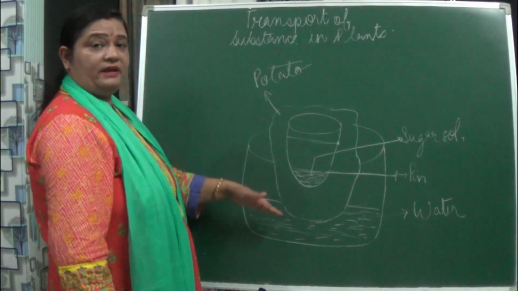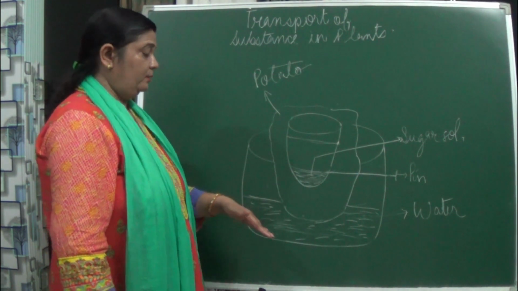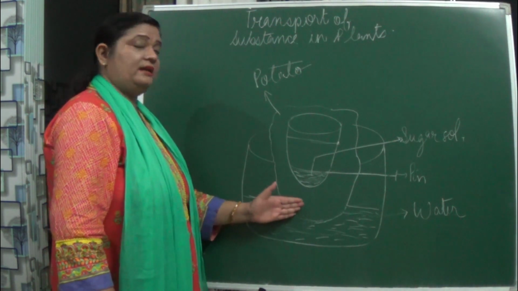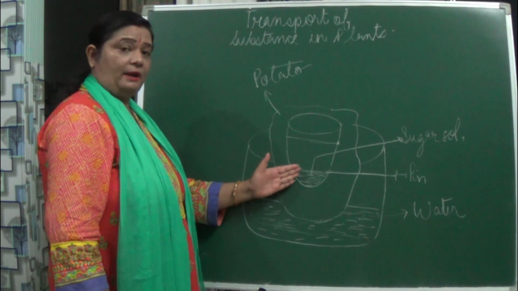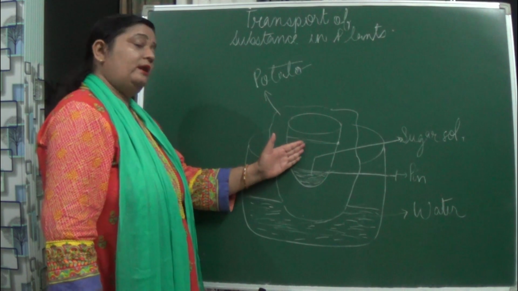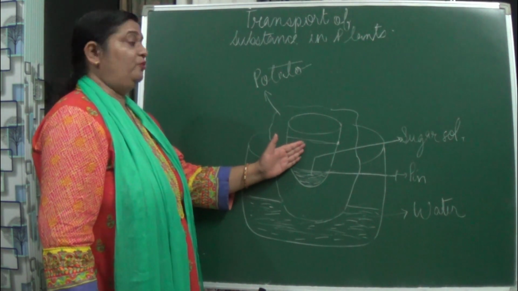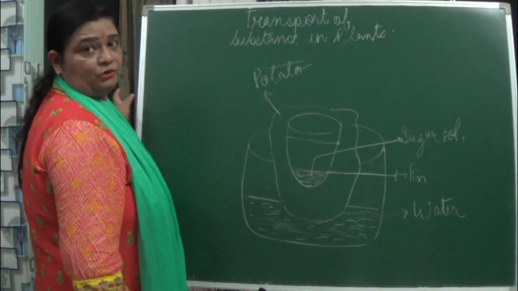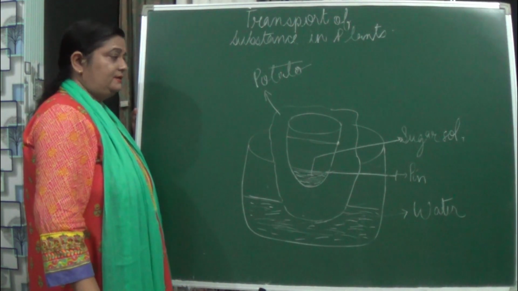This can be compared with the root hairs. This area is taking in the water and coming up till the xylem, where conduction of water to different parts of the plant starts.